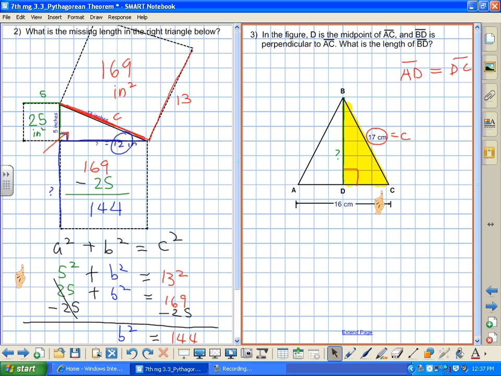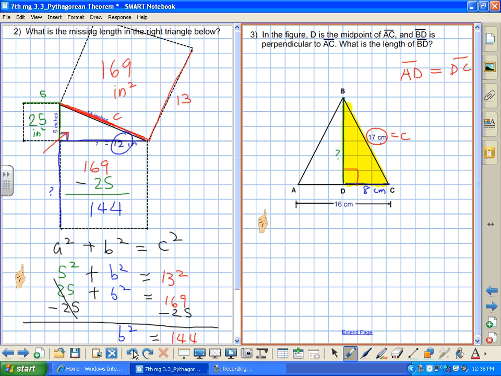So the length of D to C has got to be 8. So this length here is 8 centimeters. I've got the 17 centimeters here. That should be pretty easy to figure out.